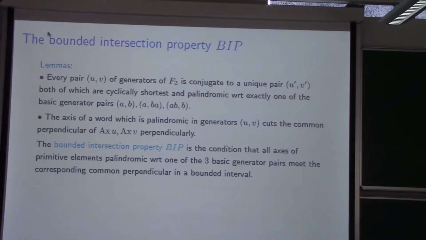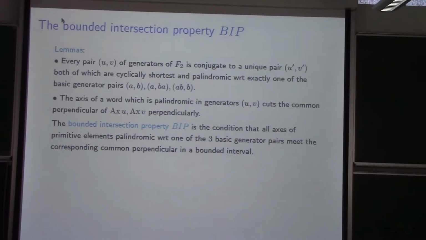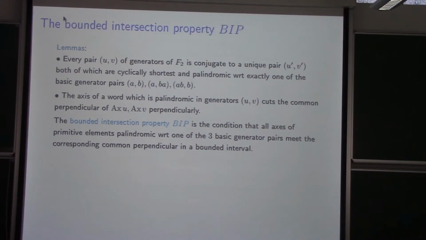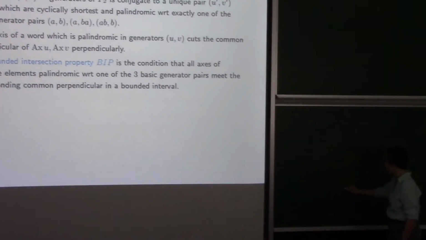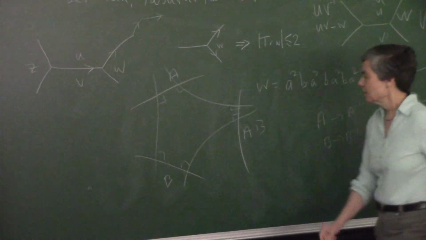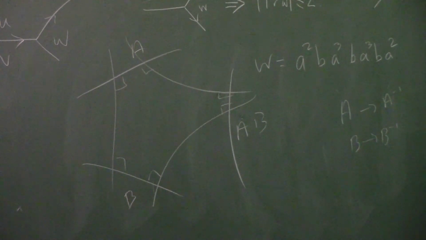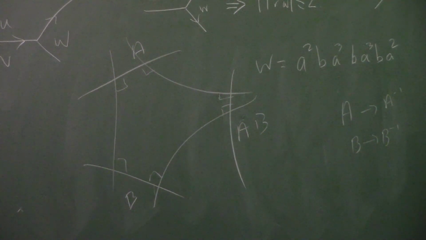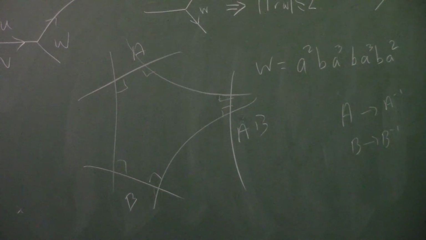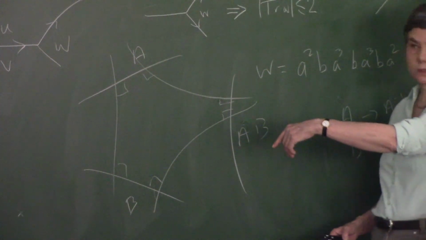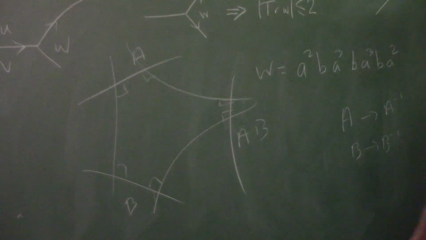Okay? So, what's this condition of bounded intersection property? It is that if you take the three axes of A, B, and AB, which is another thing that you always do in hyperbolic geometry, and you draw their common perpendiculars, so you thereby make a hexagon, then what I'm saying is that every generator pair is put in the form so that both things cut one of these three axes perpendicularly. So each one cuts two of these axes perpendicularly.